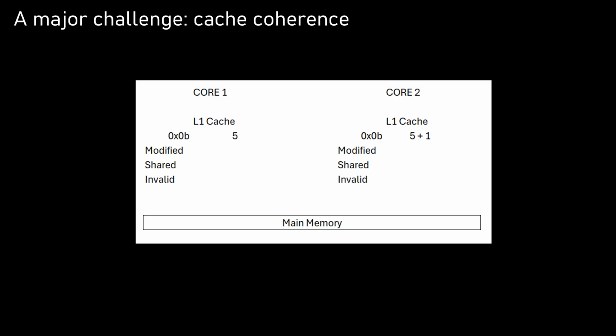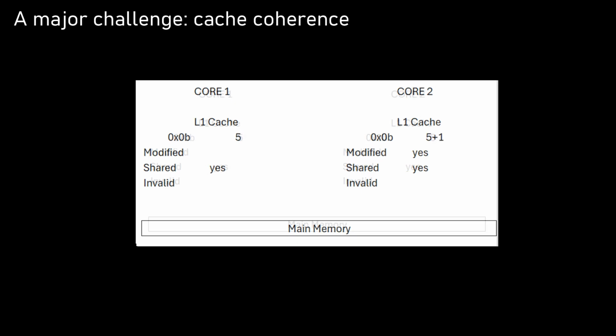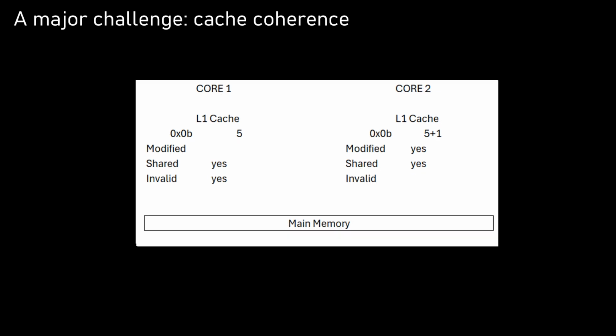When a core reads a memory address, the cache line transitions to the shared state, if that memory is also in some other cache. If a core writes to a cache line and updates it, it has to transition the tag to the modified state. It then updates the main memory for that address's data. After that, the other caches holding that same address have to mark it as invalid.